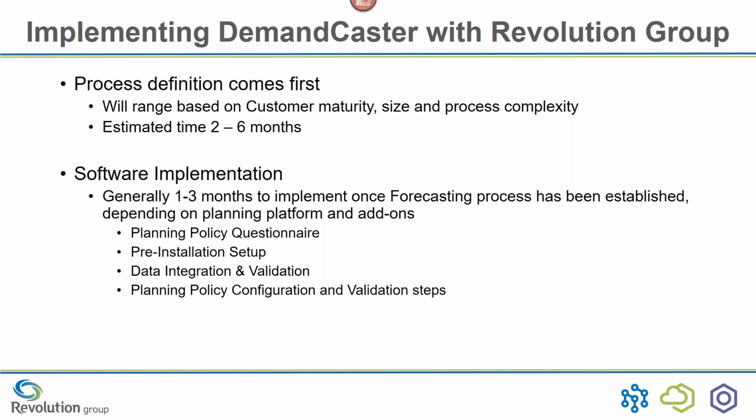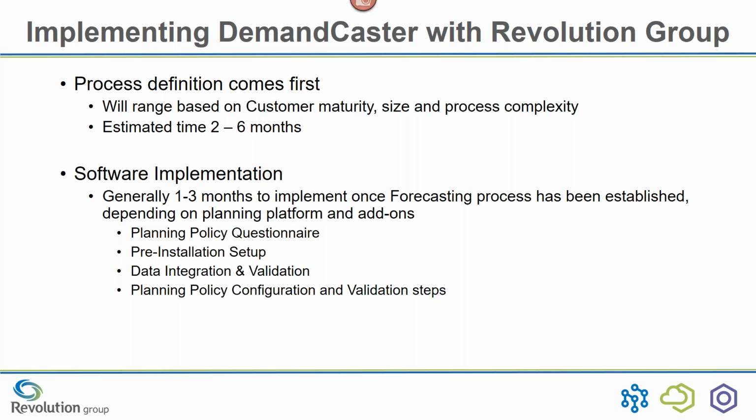All right, so if you're going to be implementing DemandCaster, obviously your best choice would be to do that through us. We really want to focus on process definition first. We want to make sure we're implementing the right thing in the way that you really need it. And so we'll spend a bit of time up front on that.